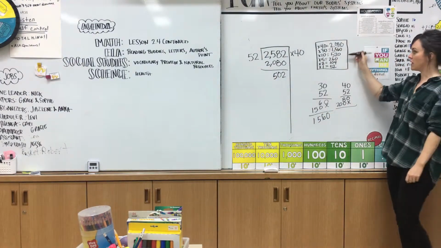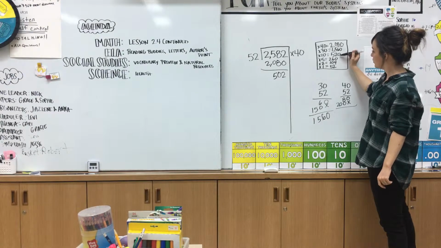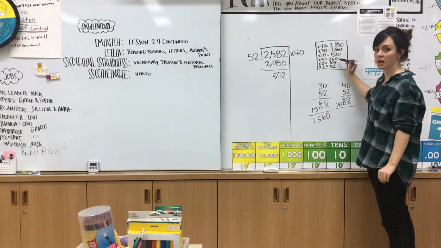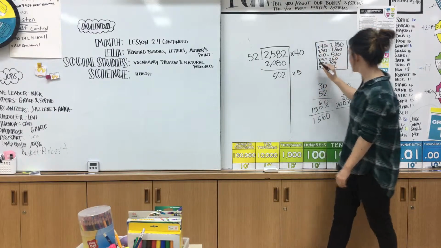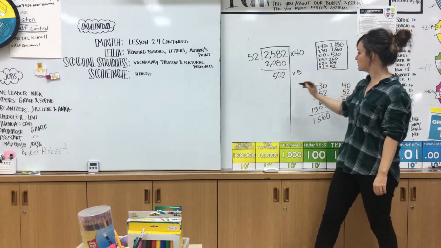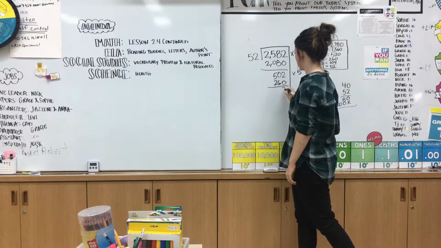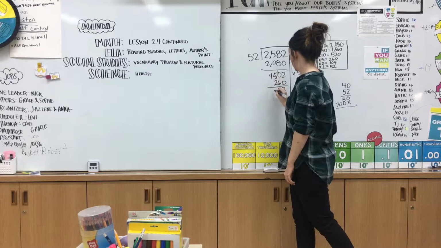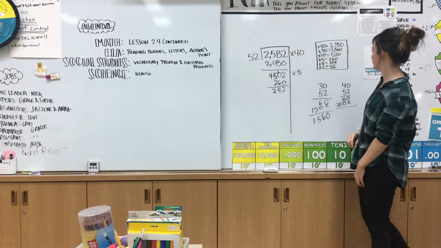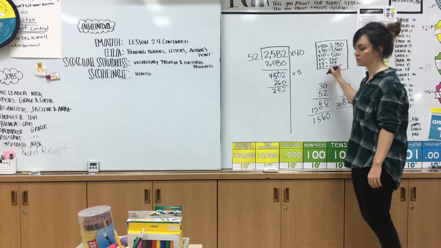So now I look at my help box and I say, okay, I know that times 30 won't work, that's too big. Times 10 won't work, that's still too big, but I can do times 5. So I'm going to put times 5 on the outside. 52 times 5 is 260. And go ahead and subtract. I have 242. So I look, again, I can't do 260 this time, but I can do times 2.